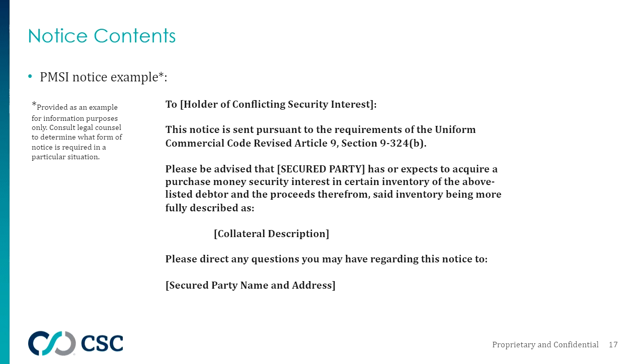Generally what you have is it's addressed to the party that is the holder of a conflicting security interest as identified by a search. And then it says they expect to acquire a purchase money security interest in the inventory of the debtor, and it describes the collateral. And then it also has a communications contact if there are any questions about that.